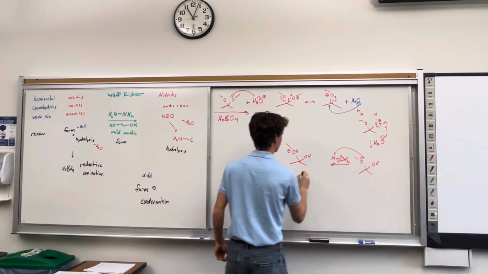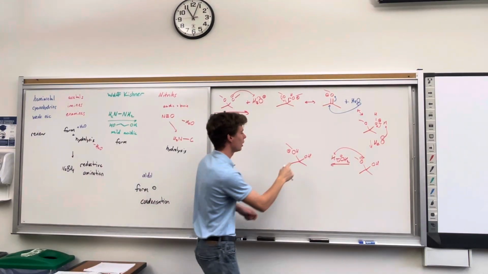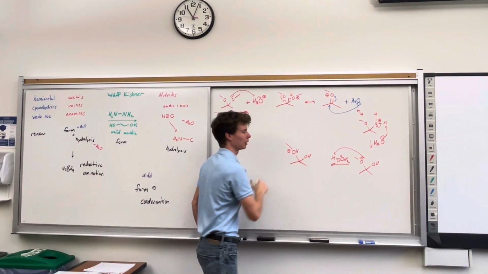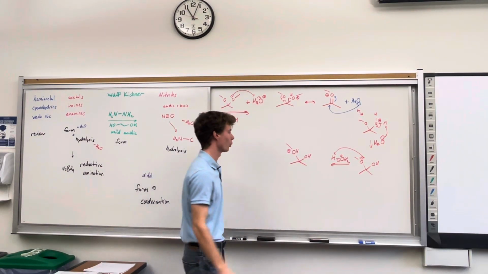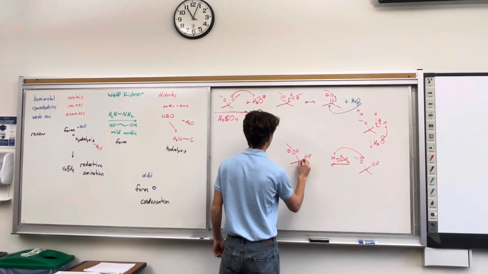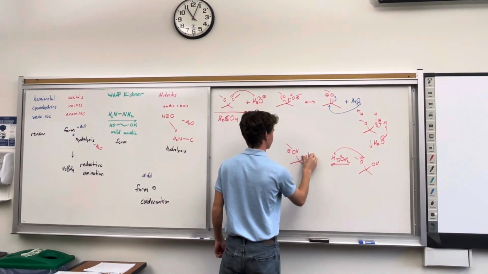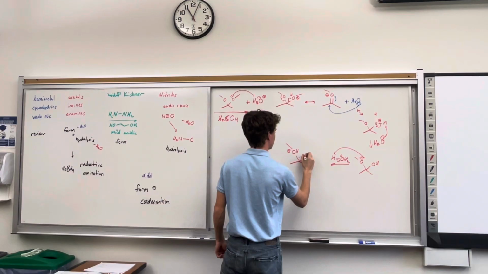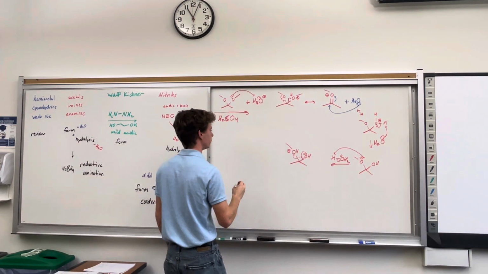Now I've made a good leaving group. And I can reform, I say reform, I can form the double bond here and kick my other ether off. And when I do that, remember water is just not going to leave on its own. That's going to stay consistent. Double bond, kick that off.